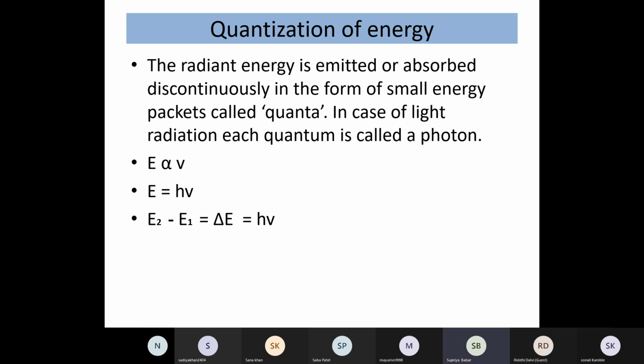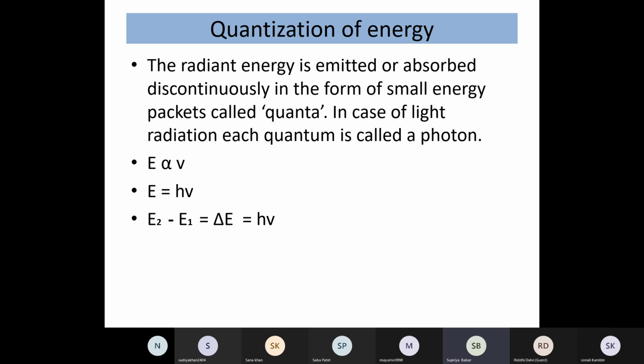So ν̄, we call it the wave number. ν̄ is equal to 1 by λ. That is, the wave number is inversely proportional to the wavelength. And ν is equal to c by λ, which is equal to c ν̄.